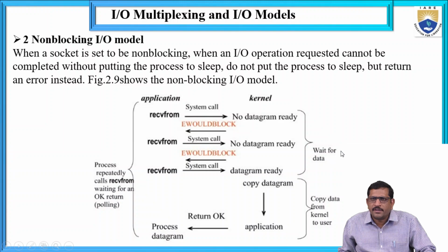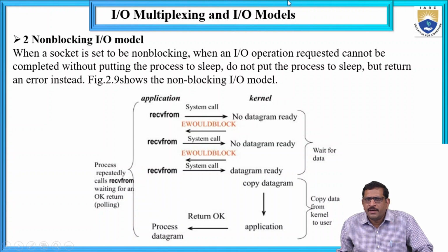Once the data is available and ready through the system call, it is copied from the kernel to the user, that means to the application we are using at the client side, and it returns OK. Then we process the datagram.